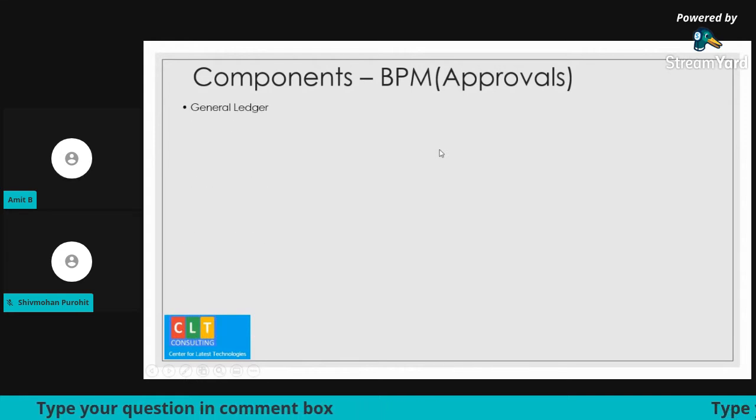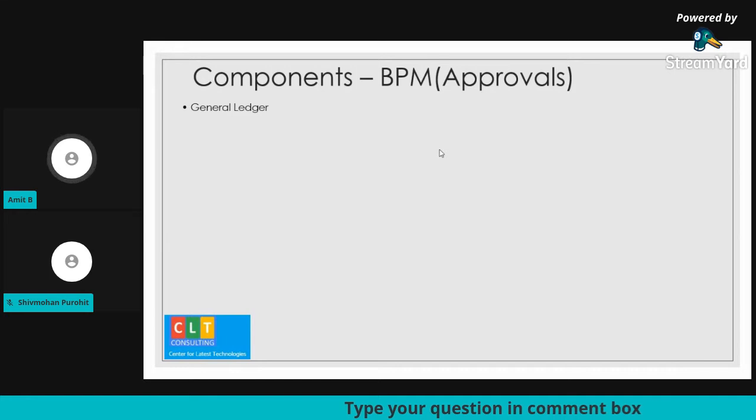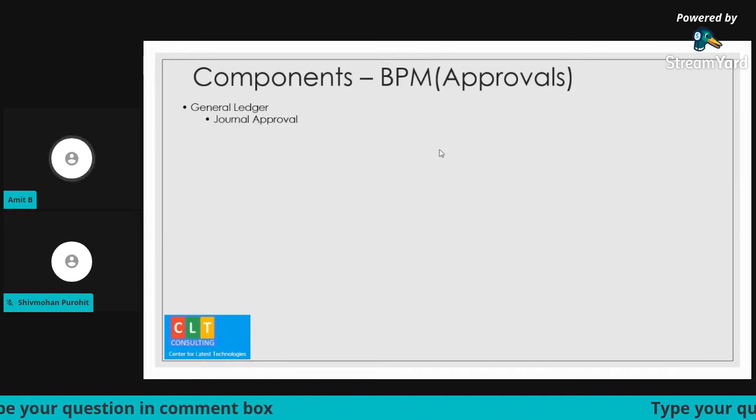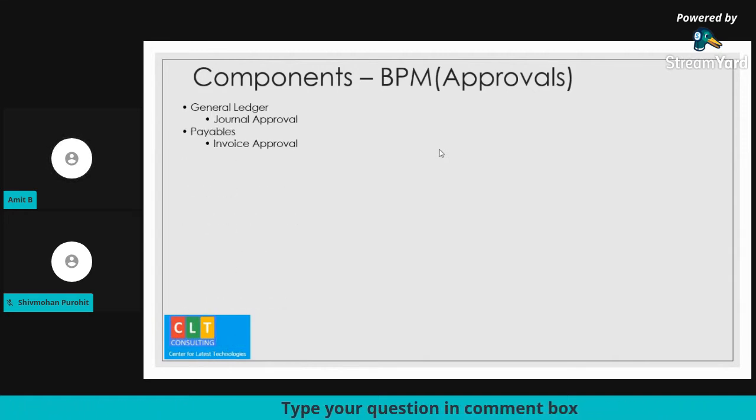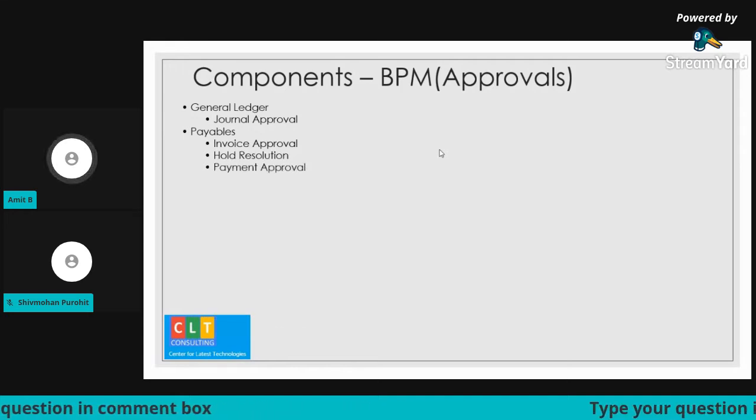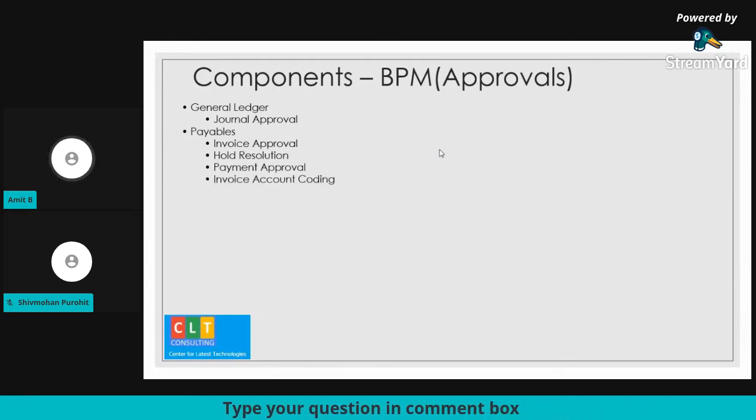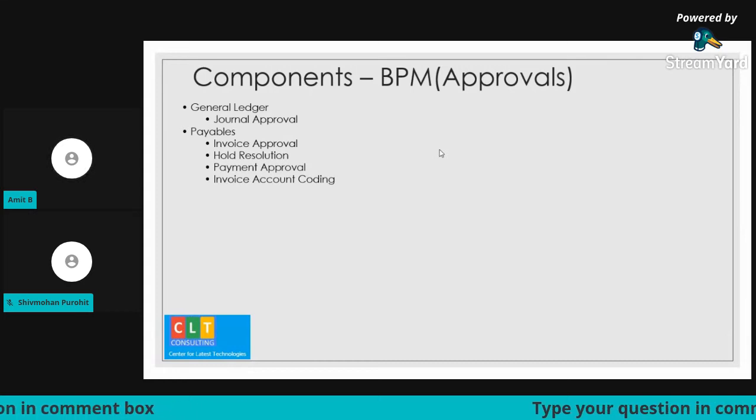So we were talking about business process management, the approvals. In general ledger, we have approval for journals. In payables, we have four approvals: one for invoice, one for hold resolution, one for payment, and then invoice account coding approval.